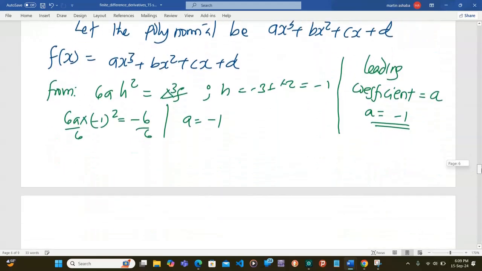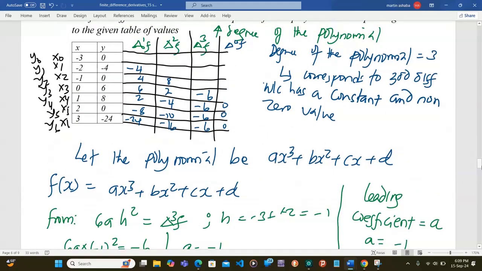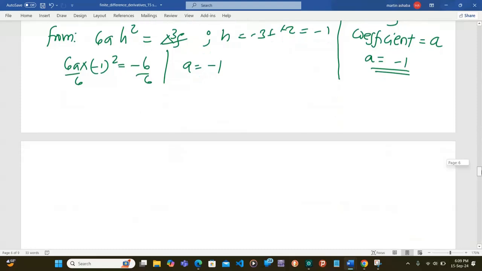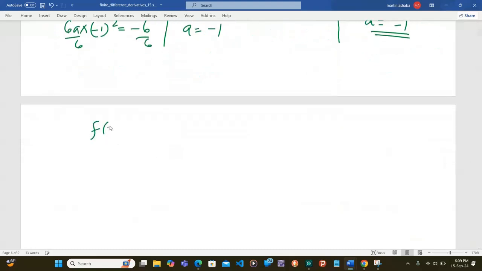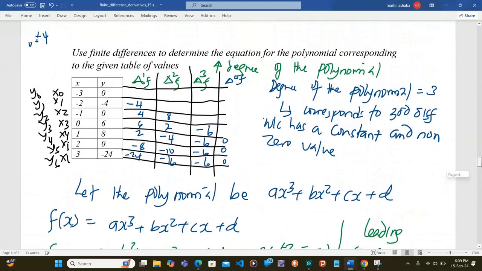So how do we determine the rest of the values? We shall say that f of x is equal to negative x cubed plus bx squared plus cx plus d. So we start putting in values. We know that f of 0 is equal to 6.